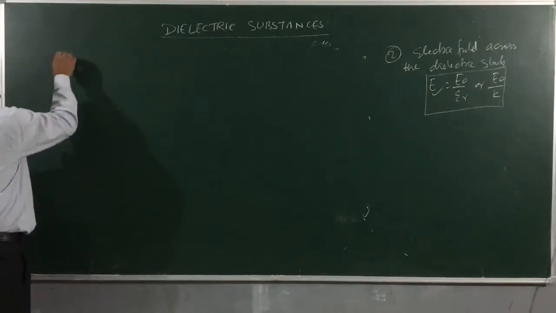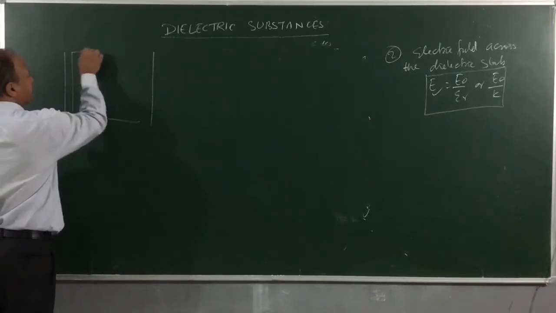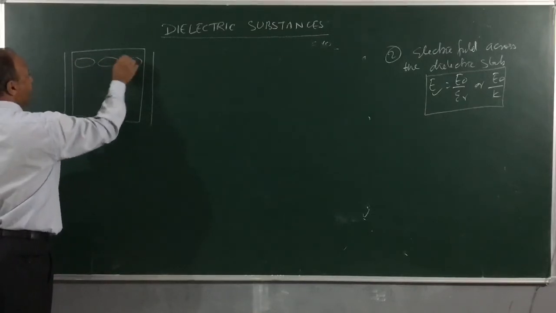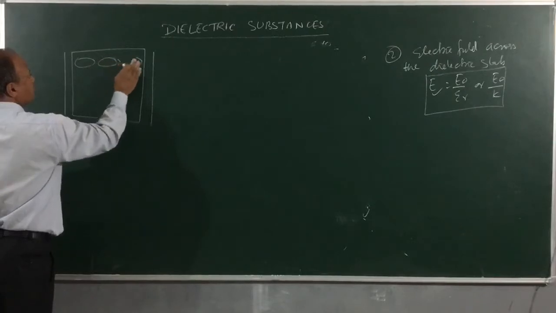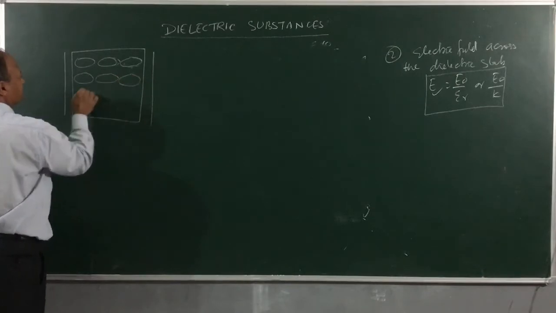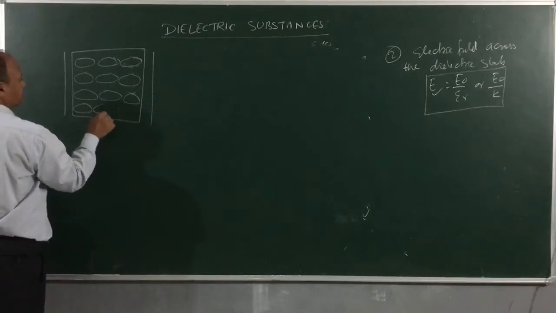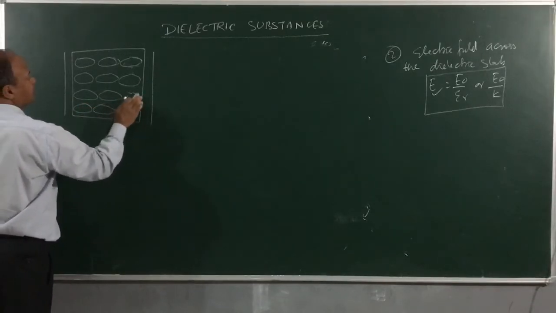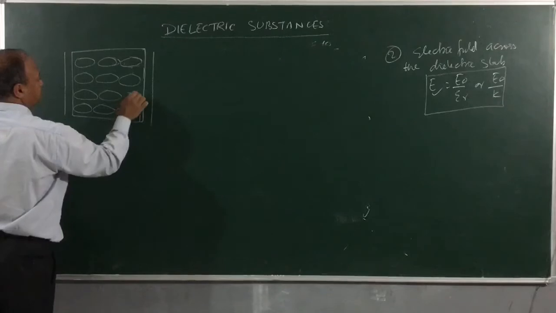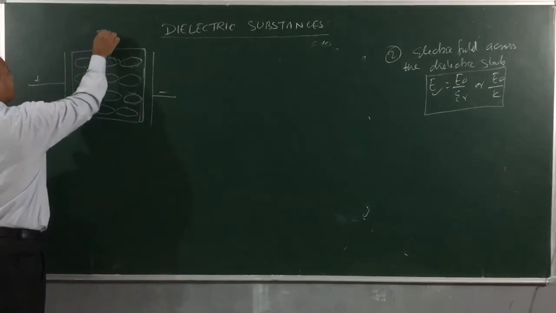Now here we have a dielectric slab placed between the two plates. We know it is getting polarized. This is positive and this is negative. I am applying electric field E naught.